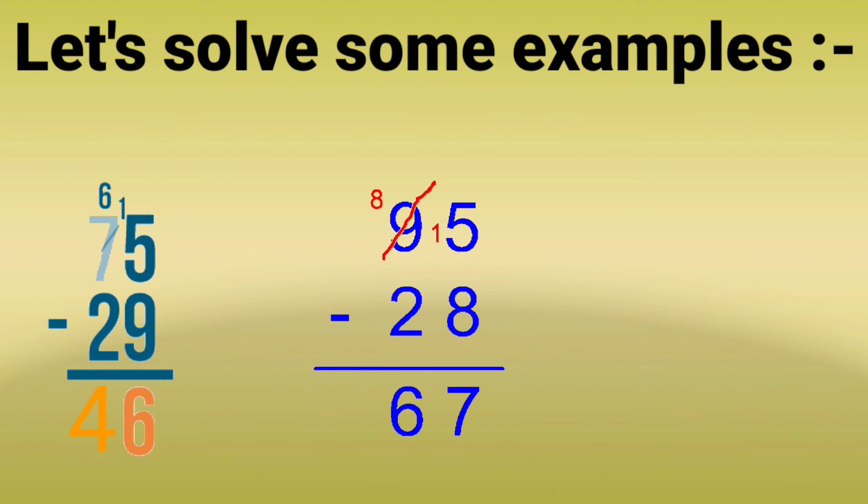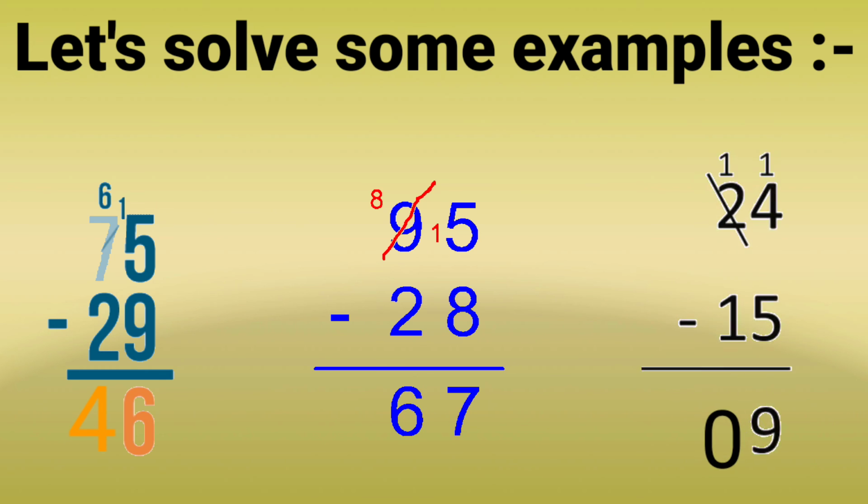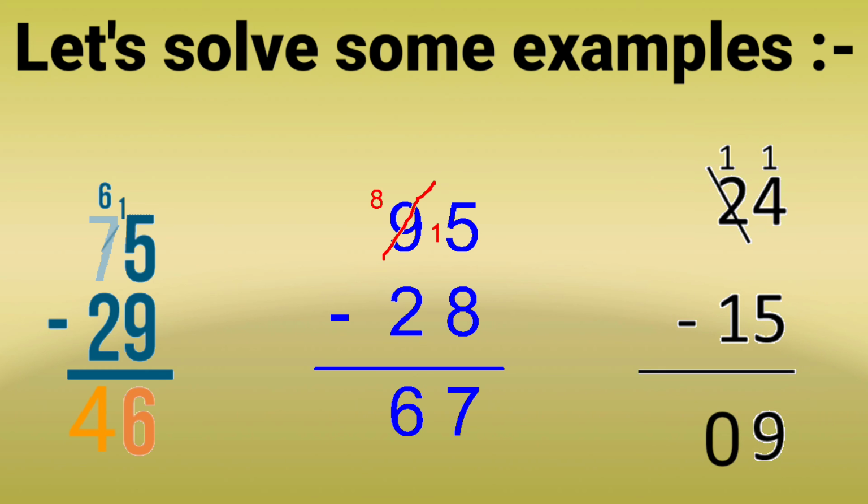That is, 9 will become 8 and 5 will become 15. So now 15 minus 8 equal to 7 and 8 minus 2 equal to 6. So answer is 67.